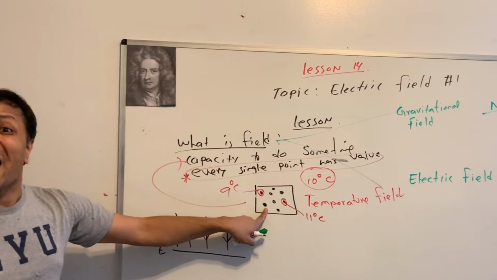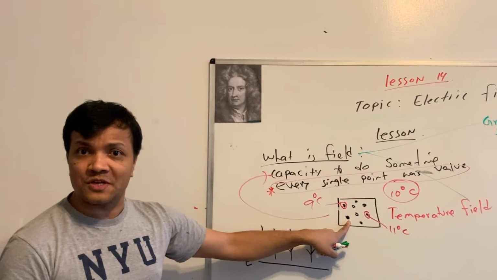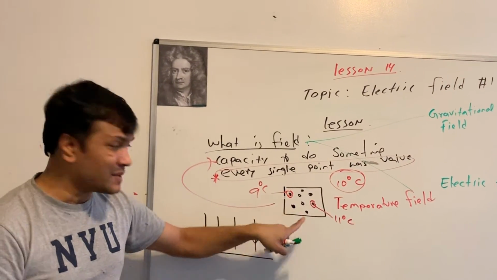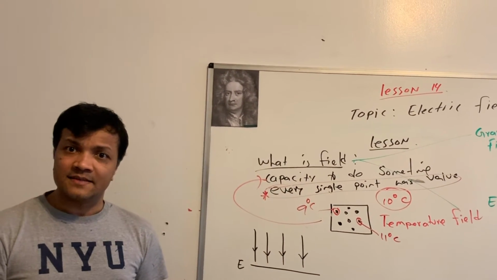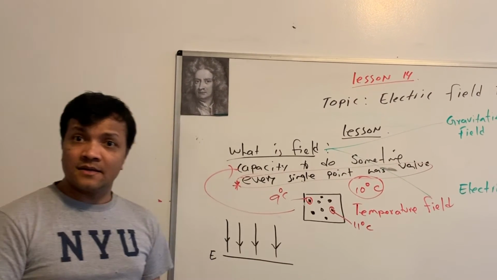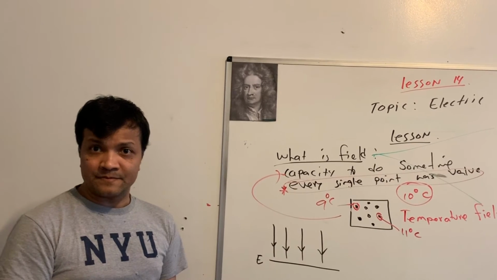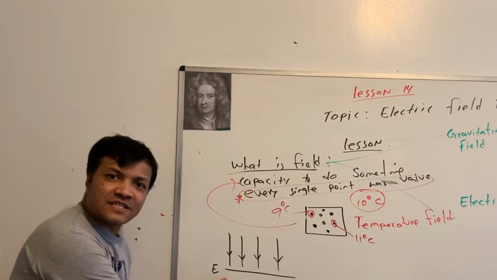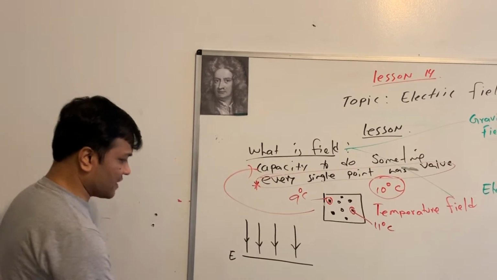How can you observe the capacity? All you need to do is bring some ice into the temperature field, and then you will be able to observe the capacity of the temperature field. How can you observe the capacity of the gravitational field?